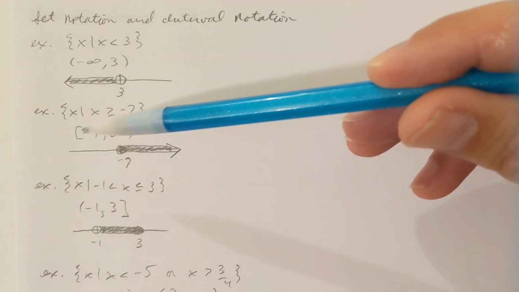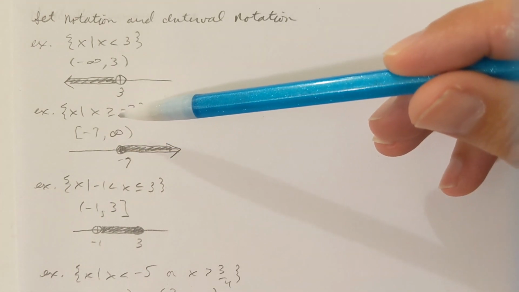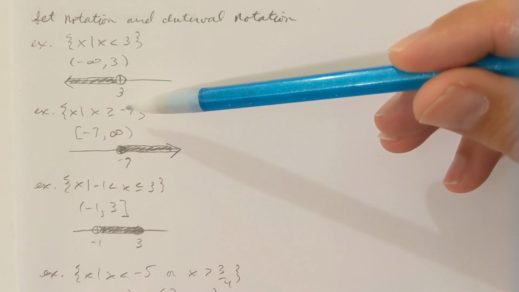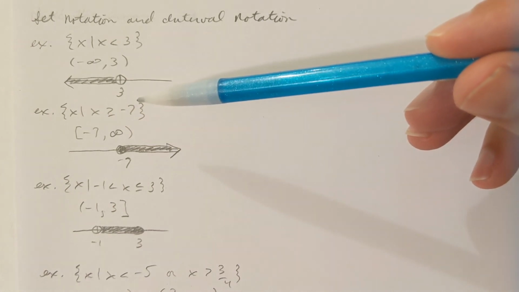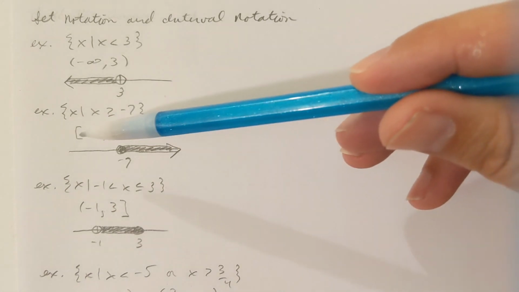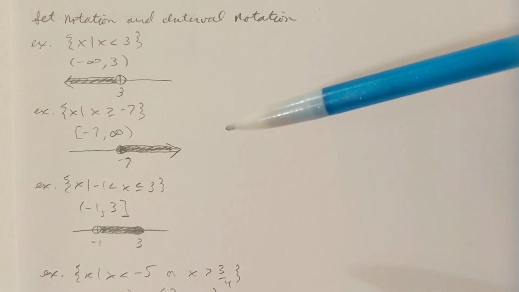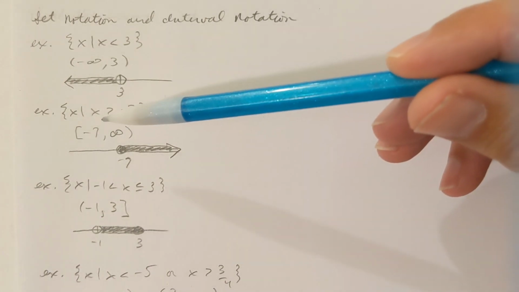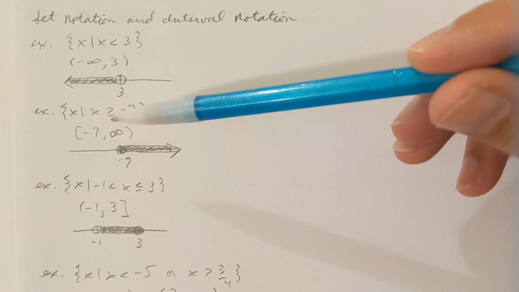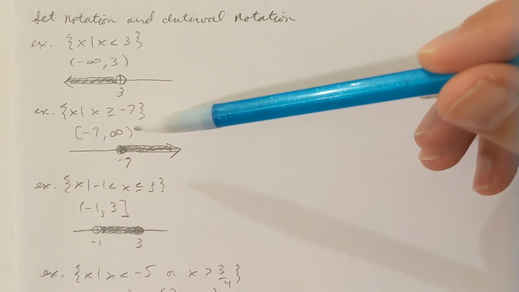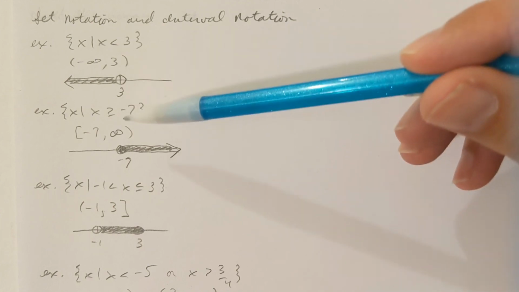Now I'm including negative 7, since I'm including x equals negative 7. So I'd want a bracket by negative 7, and parentheses is always going to be by infinity or negative infinity.